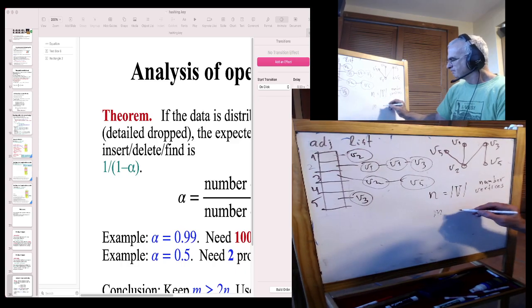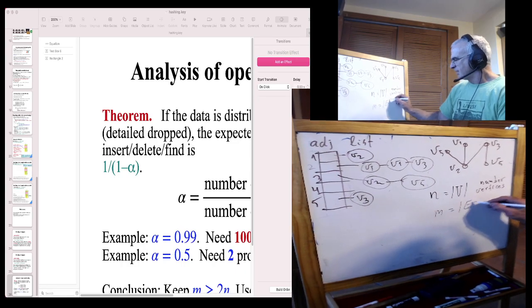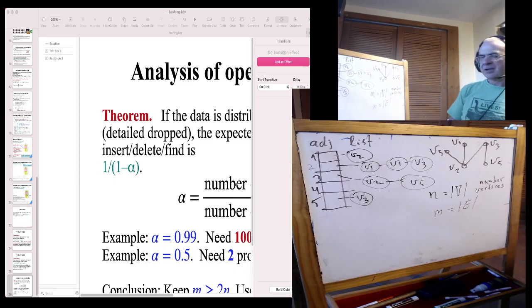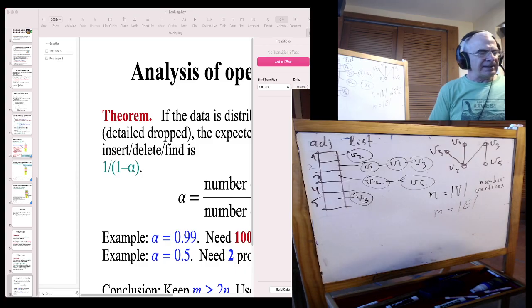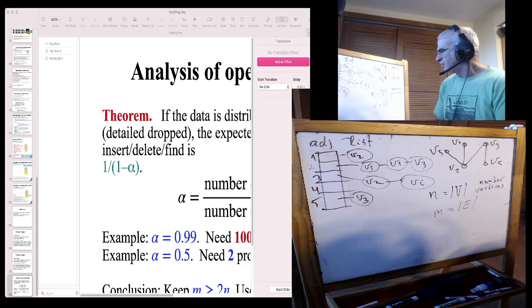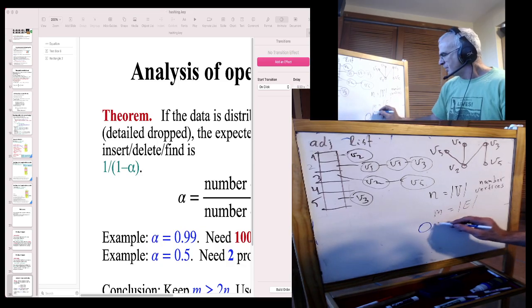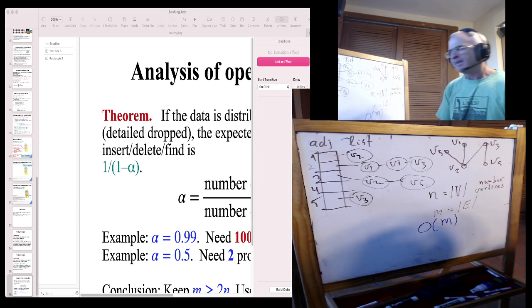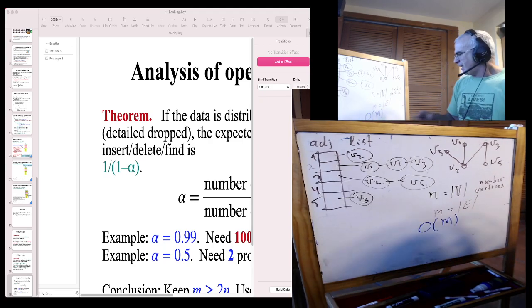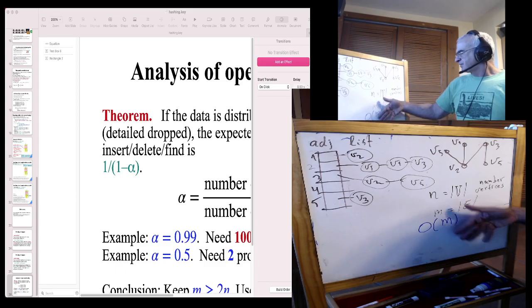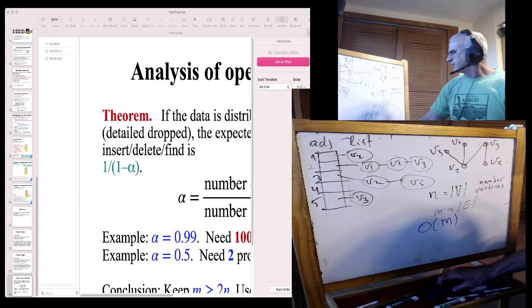And m will be the number of edges in your graph. So what's the memory requirement of adjacency list? It's quite cool. The memory requirement is order m, correct? Because it just depends on how many edges you have in the graph.